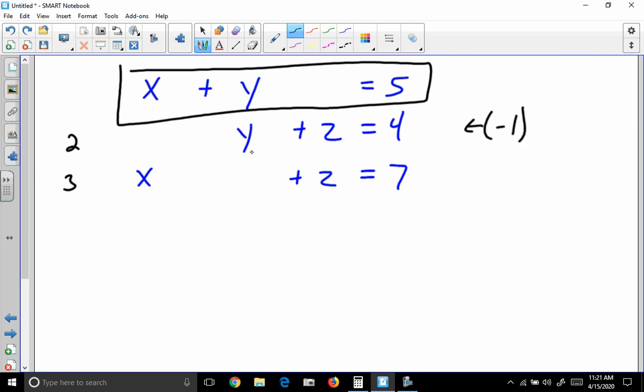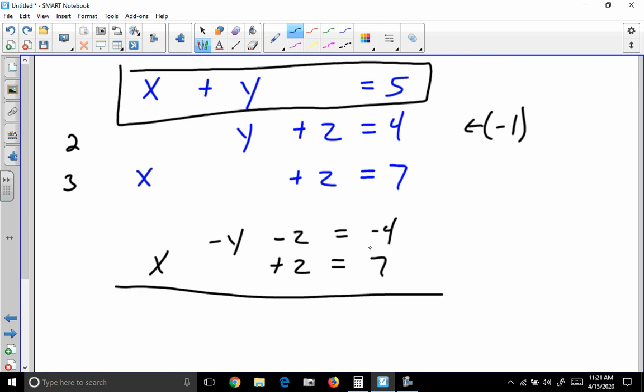So let's multiply the middle equation by -1. So that'll give us minus y minus z equals -4. And we'll keep the bottom equation, so x plus z equals 7. And when we do that, our z's are going to cancel, and we end up with x minus y equals 3.